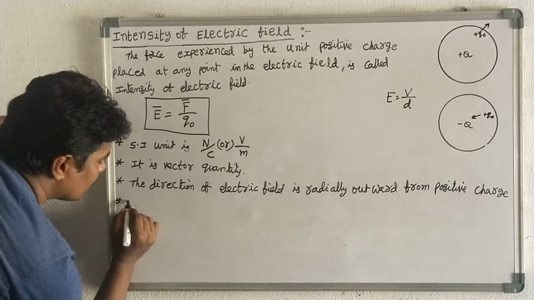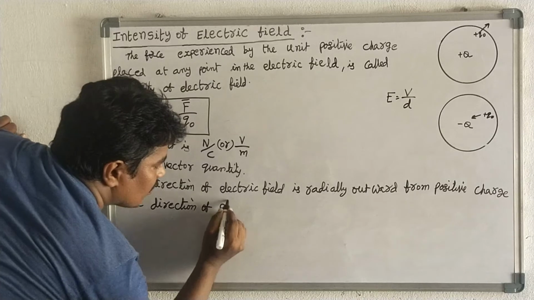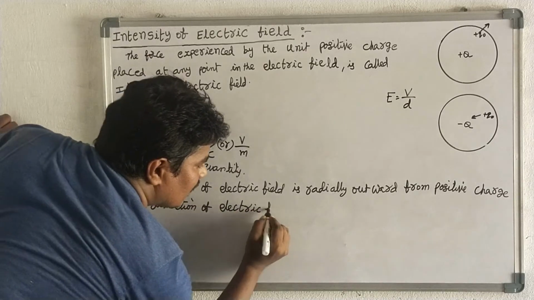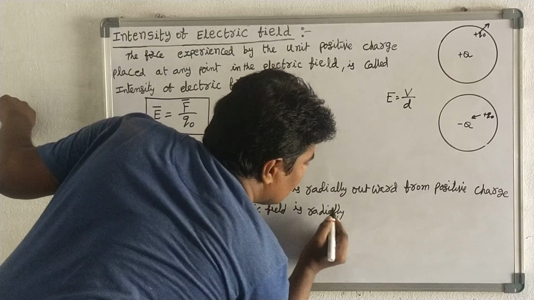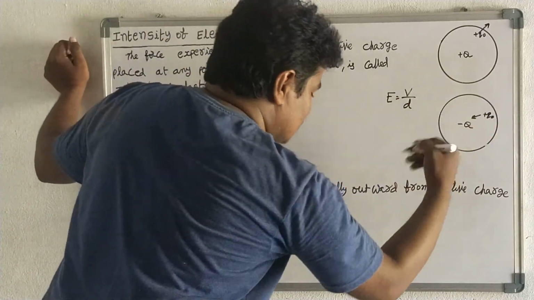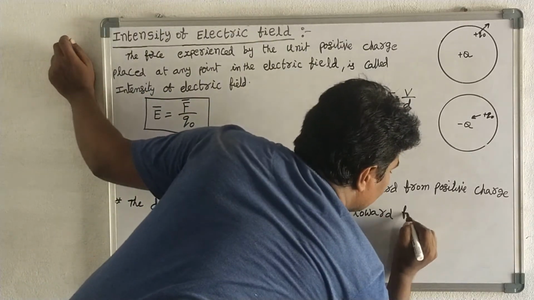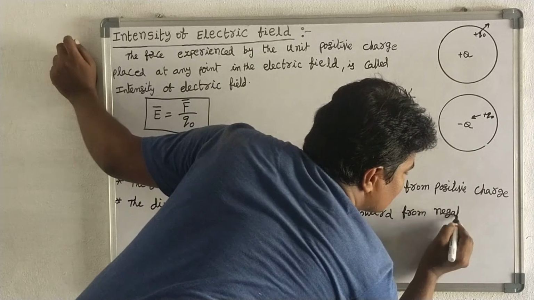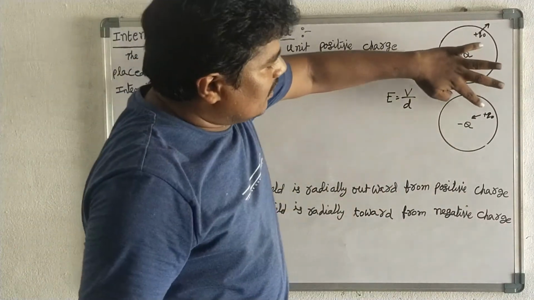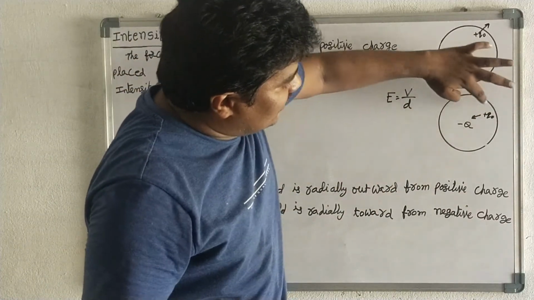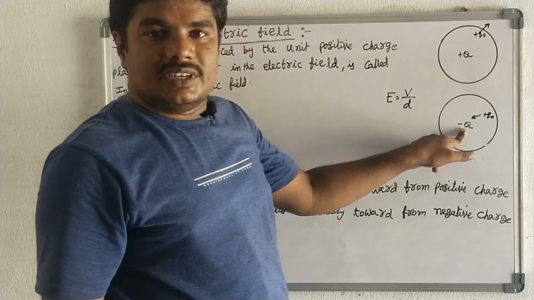But the direction of electric field is radially inward, radially toward the negative charge, because when this unit positive charge is placed in this electric field, it is attracted by this charge.